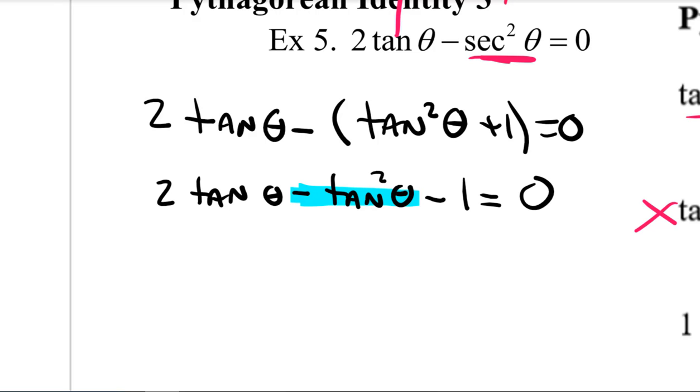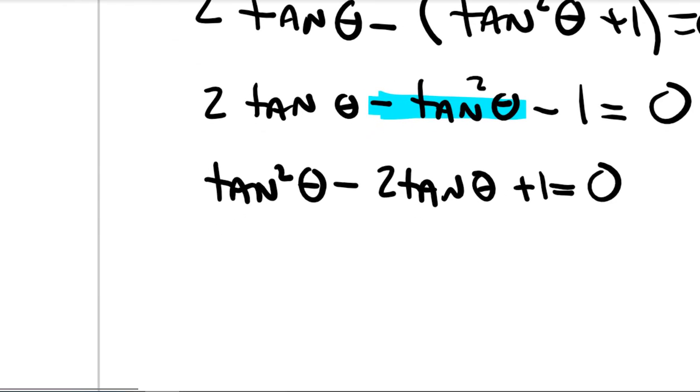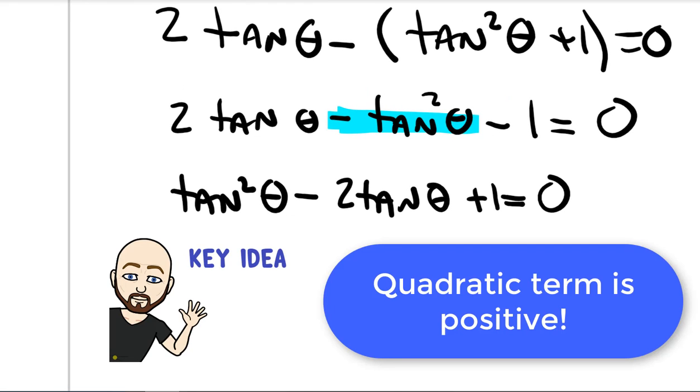Either way, we end up with tan squared theta, and 2 tan theta becomes negative 2 tan theta, and negative 1 becomes plus 1, equal to 0. You always want your quadratic term to be positive. Whatever your trig function is that's squared, you want that to be positive.